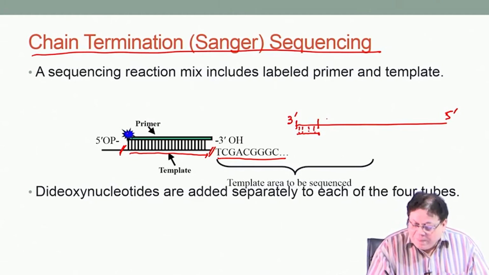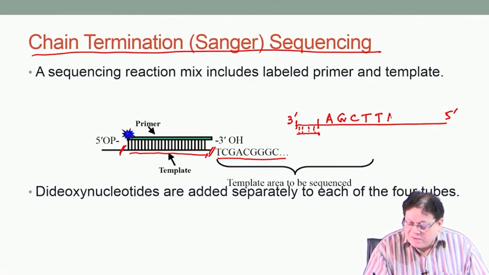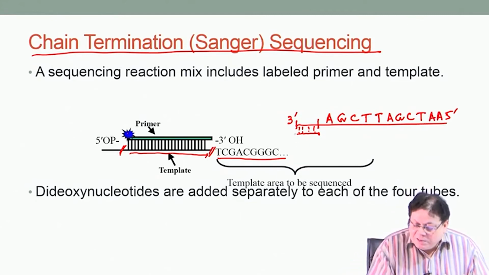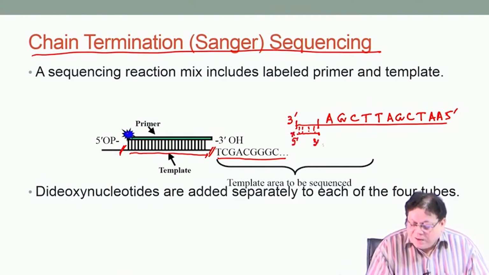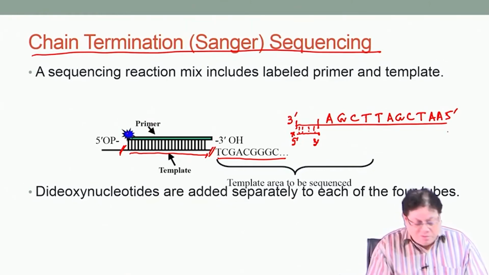Let us forget about this one, let us take a new example. Suppose this is the sequence that this DNA has. Okay. T, T, A, G, just random sequences I am writing. Now, remember this primer runs from 5 prime to 3 prime, that has to be because the DNA sequence goes in the 5 prime to 3 prime direction.